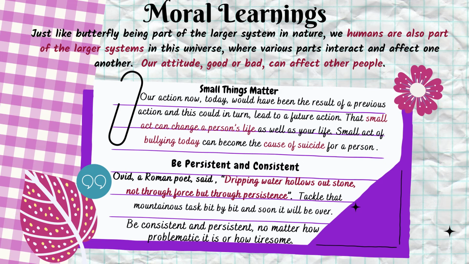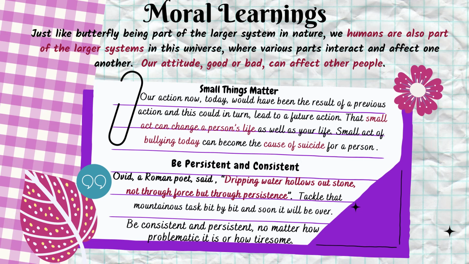Our action today would have been the result of a previous action, and this would in turn lead to a future action. That small act can change a person's life as well as your life. A small act of bullying today can become the cause of suicide for another person. Therefore, we should never ever bully anyone. A sorry cannot redo the things.